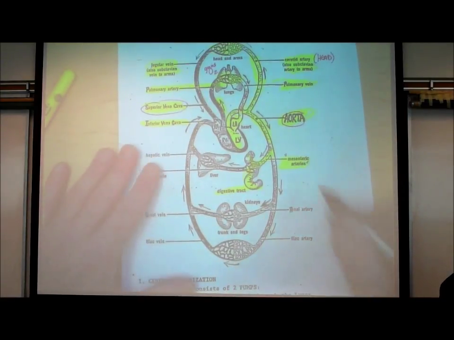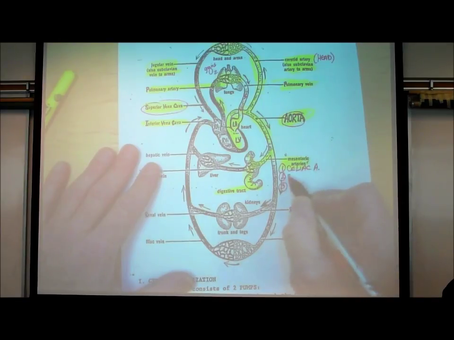So we're going to be learning there are 3 mesenteric arteries, and you can write them down right here. There's the celiac artery. There is the superior mesenteric artery. And there is the inferior mesenteric artery. So there are really 3 mesenteric arteries.